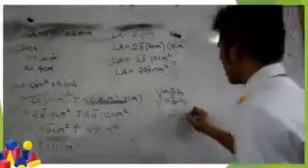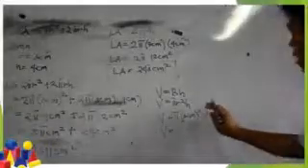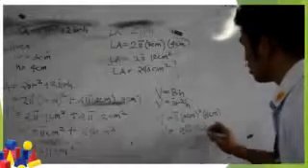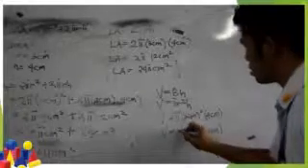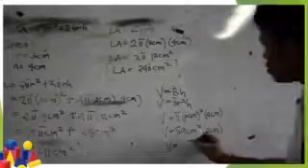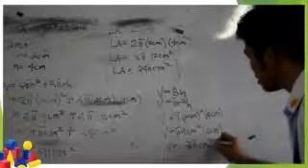R is 3 centimeters, squared, times 4 centimeters. 3 centimeters squared is equal to 9 centimeters squared, times 4 centimeters. 9 centimeters squared times 4 centimeters is equal to 36 pi cubic centimeters.